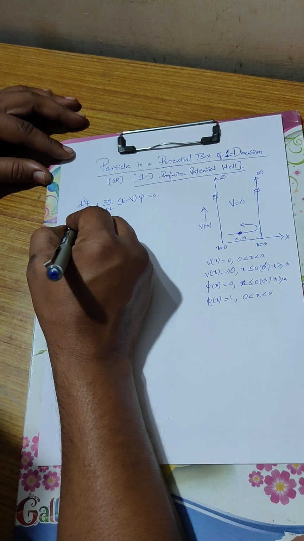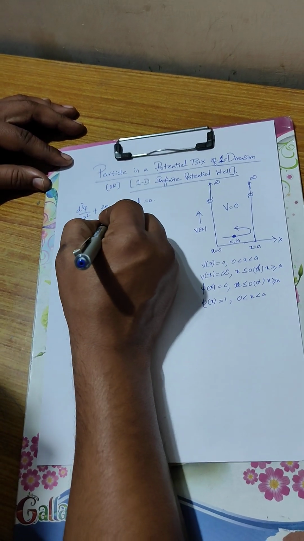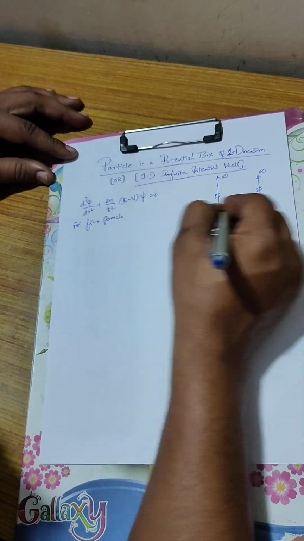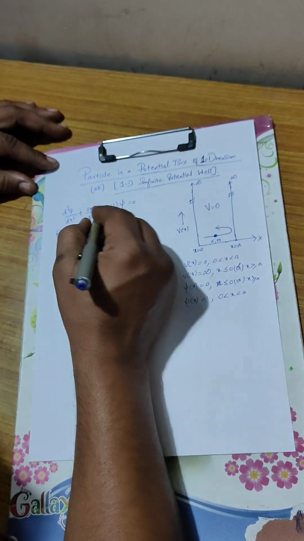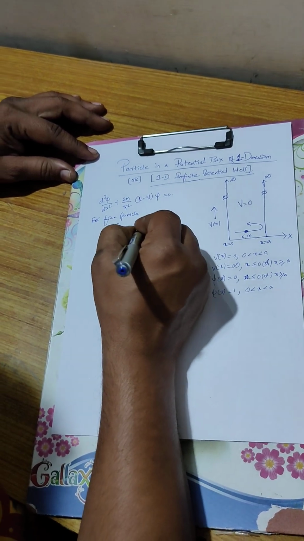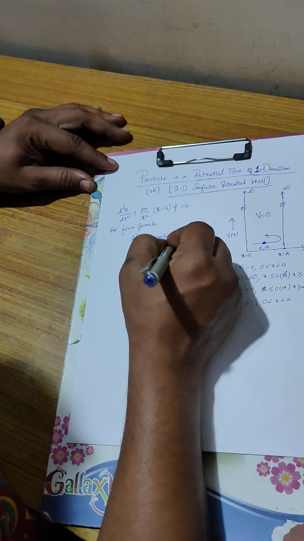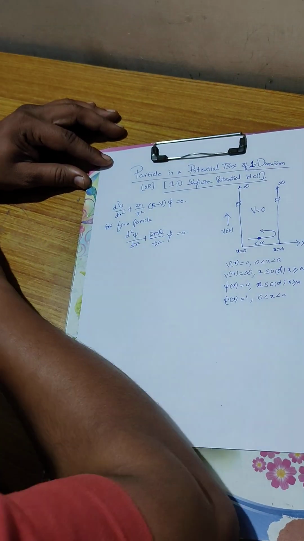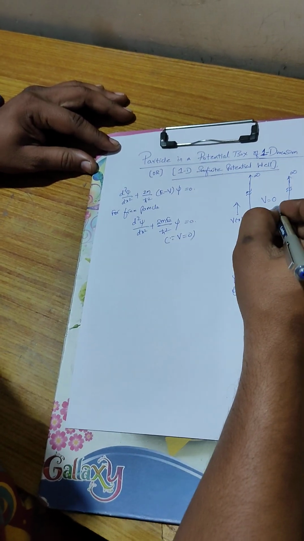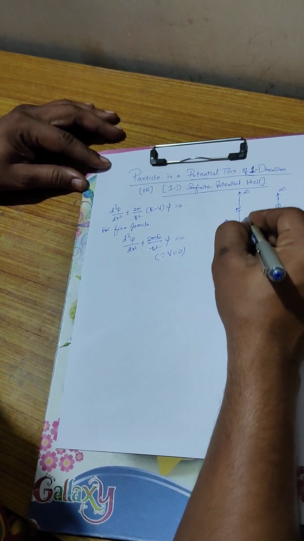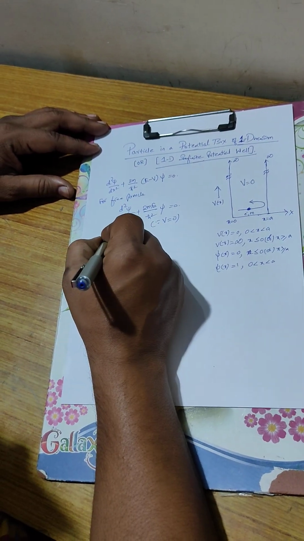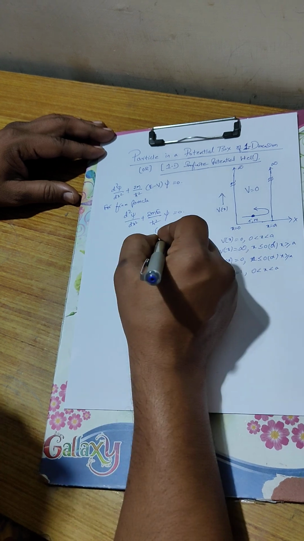Now, for a free particle like an electron which is trapped inside this potential well, this equation can be reduced to d square psi by dx square plus 2mE by h cross square psi is equal to 0, since V is equal to 0 for the electron inside this potential well, and the total energy of the electron in the potential well is kinetic.